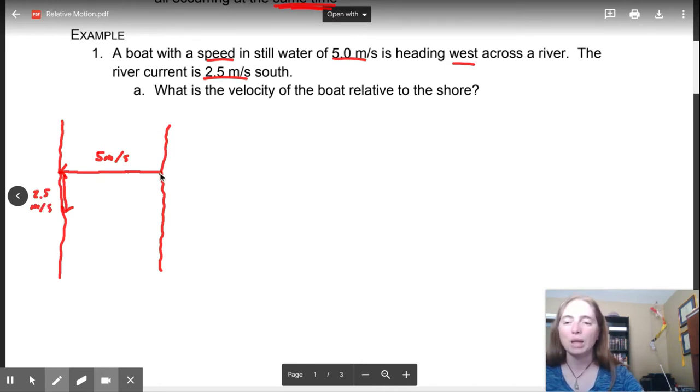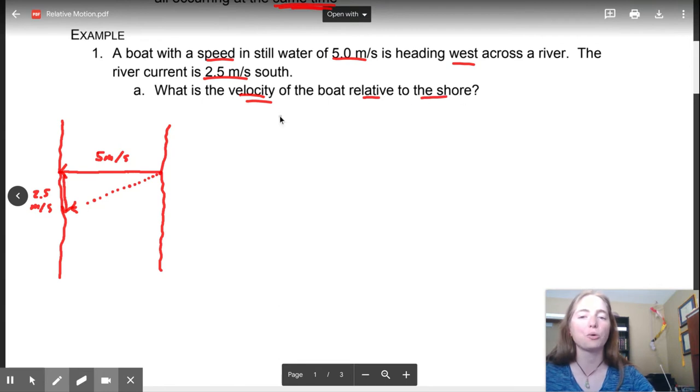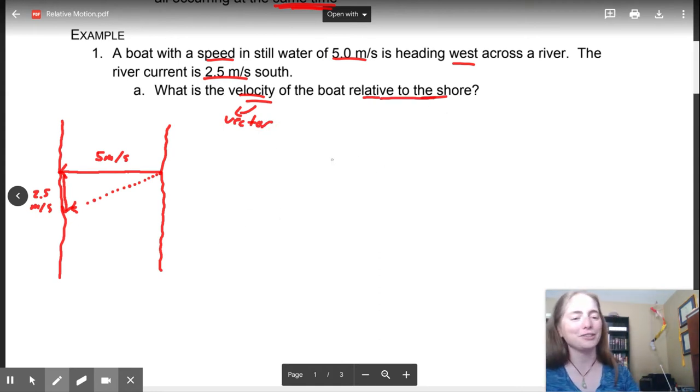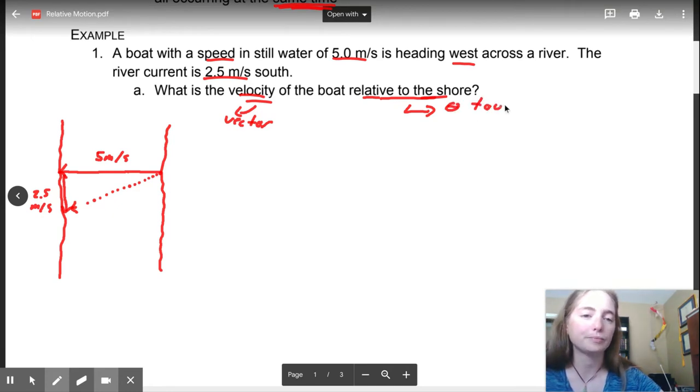That means the route that the boat is actually traveling is here. It is being pushed this way. So what is the velocity of the boat relative to the shore? Well, velocity is a vector, so I want direction. Relative to the shore, that is going to tell you that we are going to want your angle to be touching the shoreline. Okay?